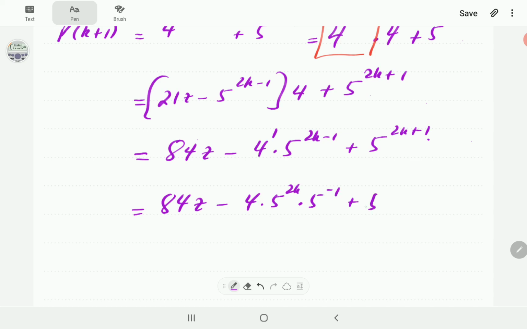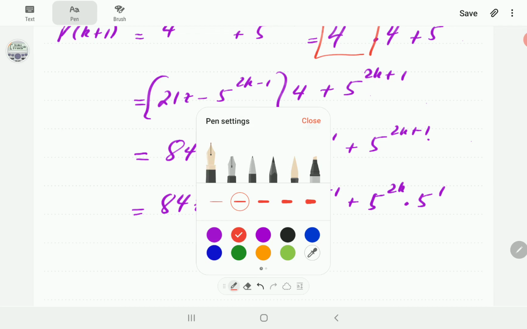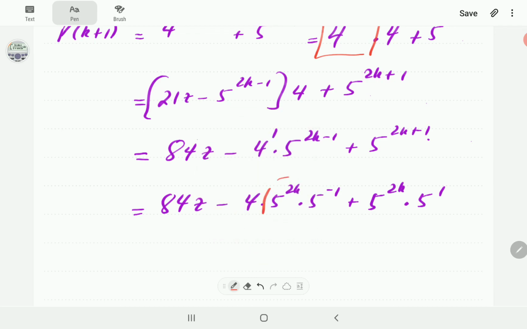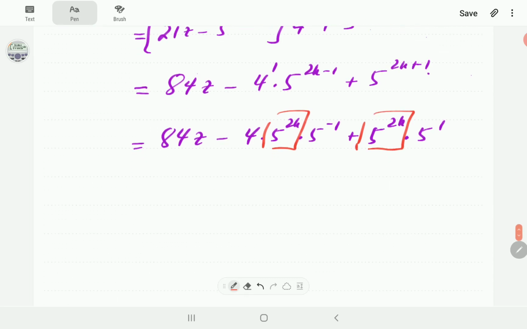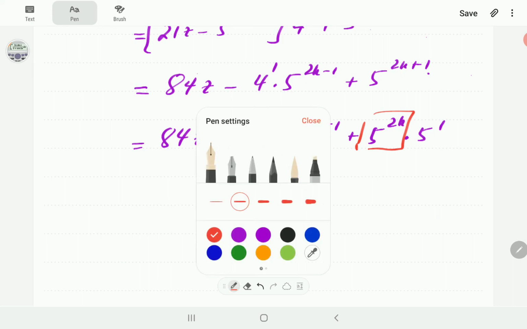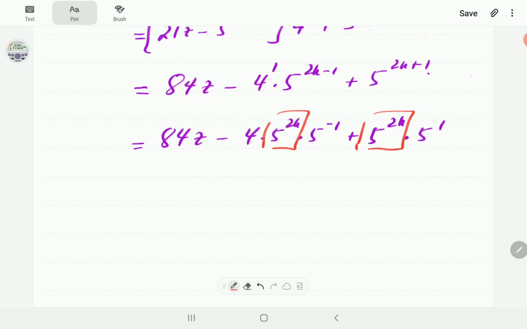And write this one as 5 to the power 2k, 5 to the power 1. Then all of a sudden you will notice that we have a like term or a common factor there. So that factor we are going to factorize, of course.